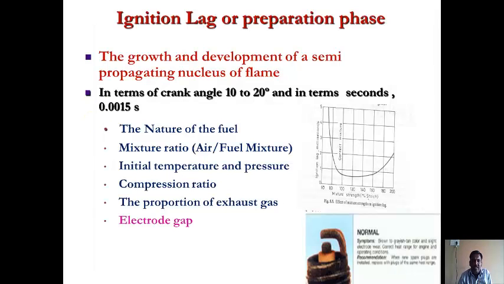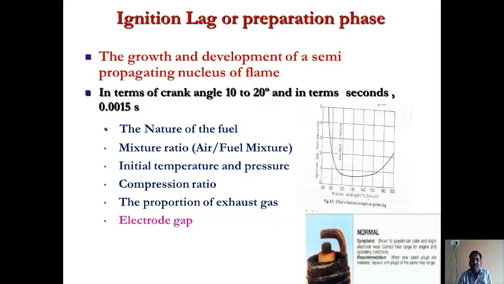So the first stage, the ignition lag period or preparation phase: during this period, the growth and development of a self-propagating nucleus of flame is taking place. Once a spark is ignited, it produces just a dot.